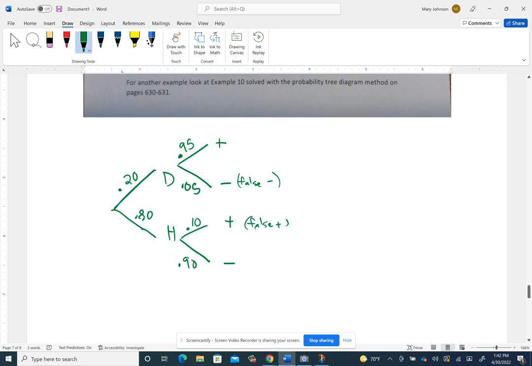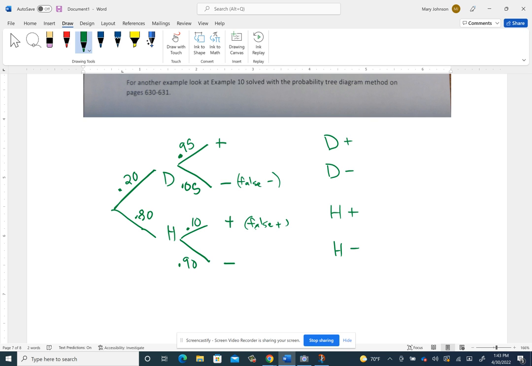So what we'll do now is consider the four possibilities: having the disease and testing positive, having the disease and testing negative, being healthy and testing positive, or not having the disease and testing negative.